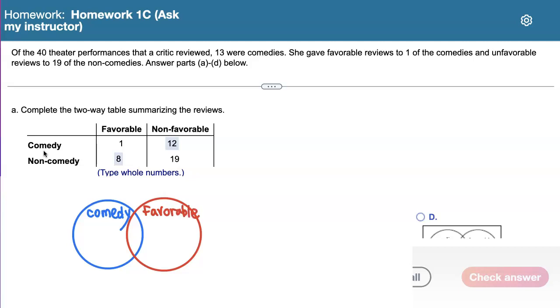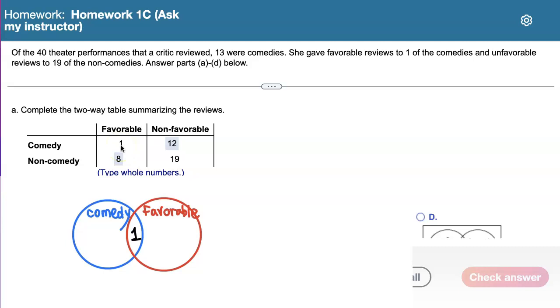Okay. I am going to put that number 1 in the middle because there was only one comedy movie that got a favorable review.